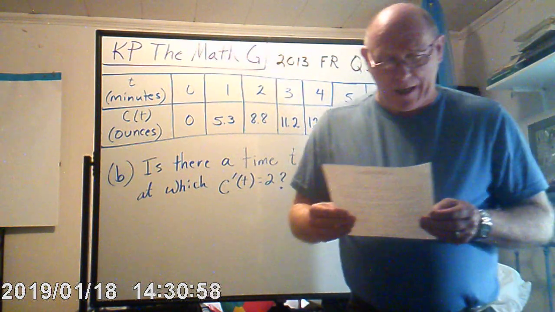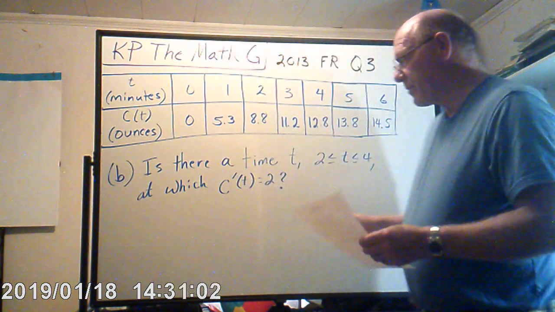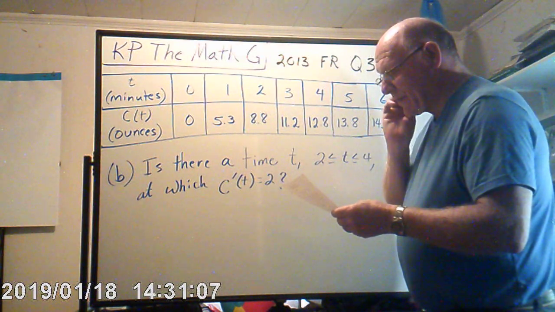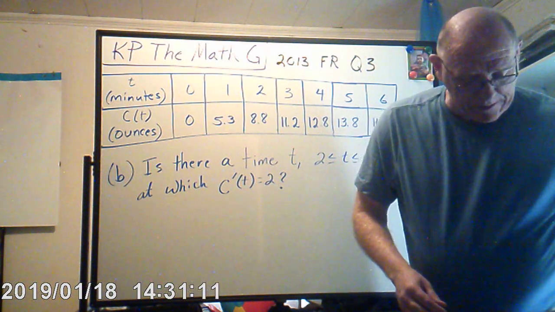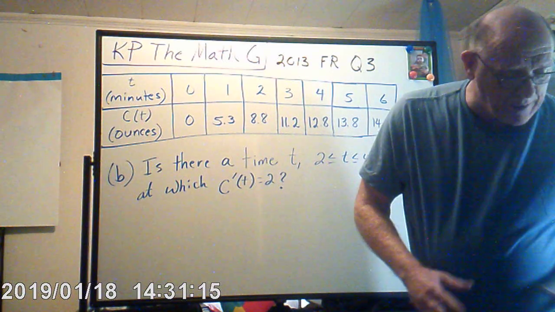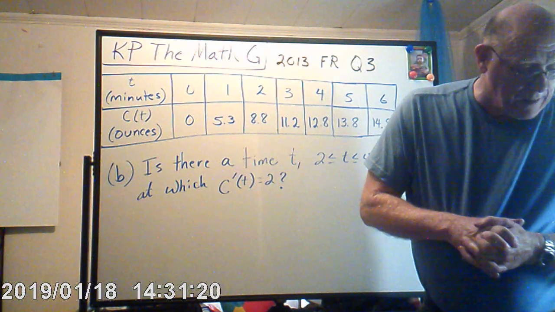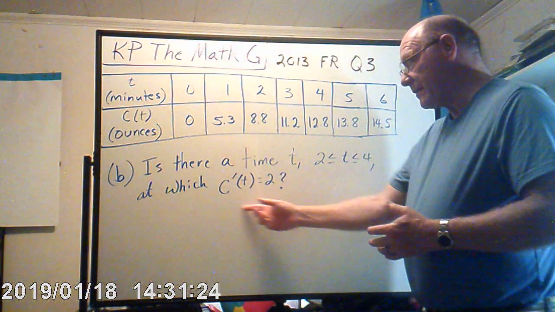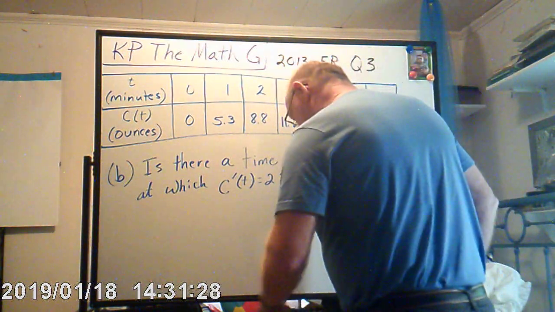We want to look at part B. Is there a time t between 2 and 4 such that C prime of t is equal to 2? This would be in ounces per minute. The derivative is equal to 2, that's what we're asking, between 2 and 4. So let's look at that.